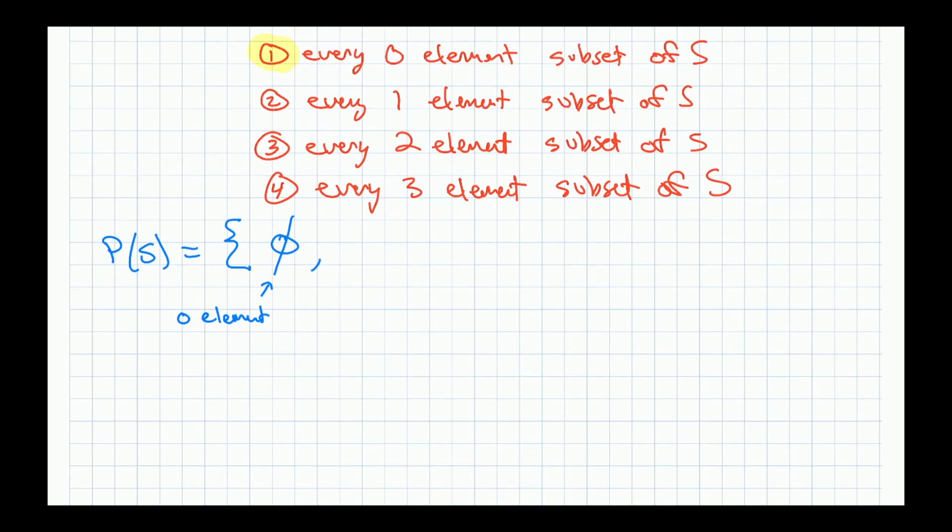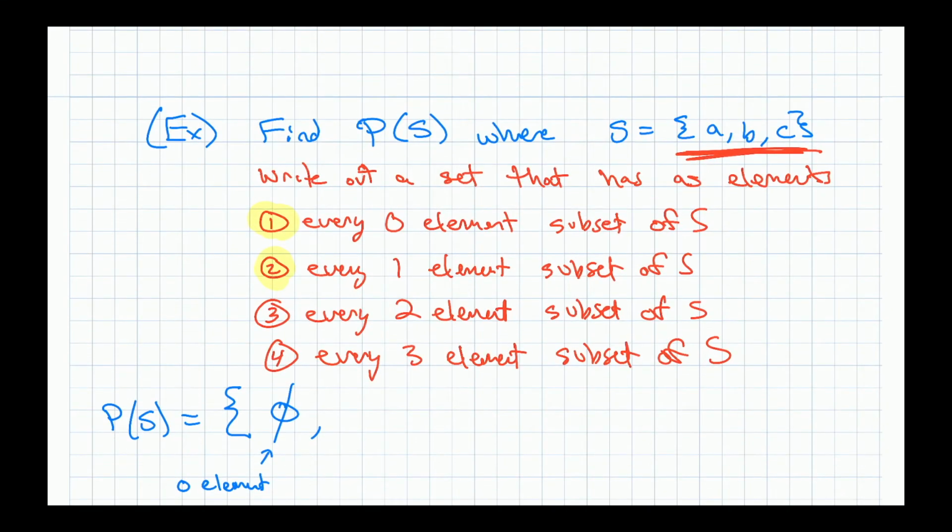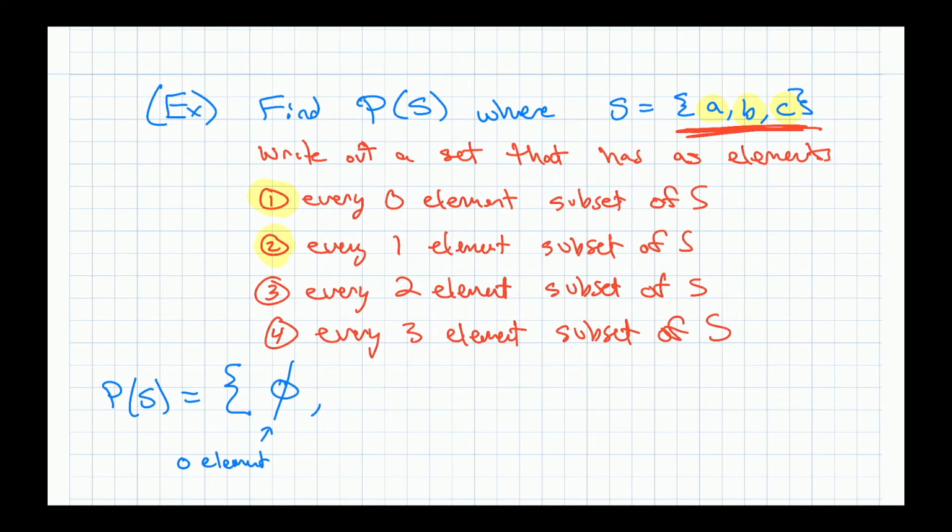Now we need next the 1 element subsets of S. So how many of those are there going to be? Well, look at S. S contains A, B, and C. So if you want 1 element subsets, then a subset of S that has 1 thing in it would be like curly braces, A. That's a subset of S that has 1 element.